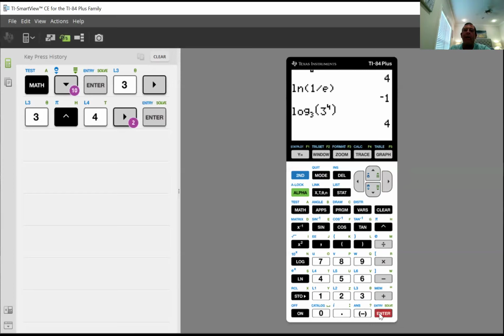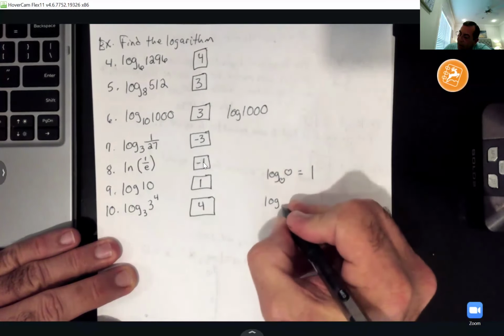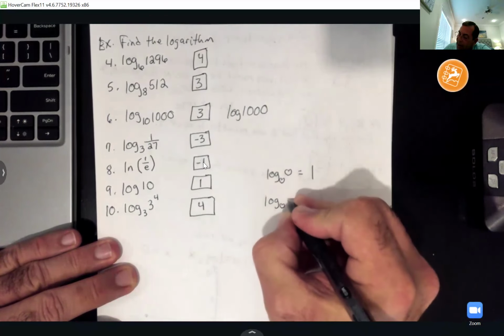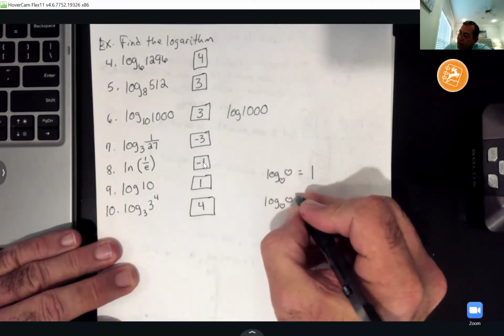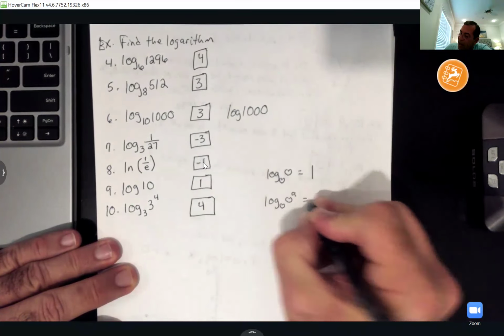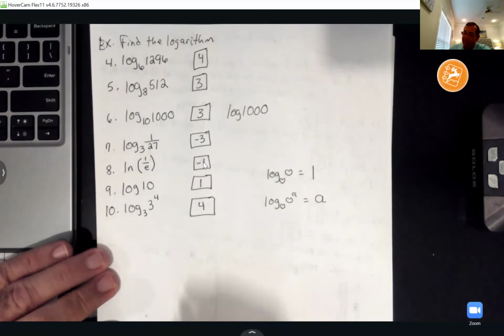So hit enter, and you're going to get a 4. So if you got a log and the base matches the result raised to an exponent, the answer is always the exponent, okay?